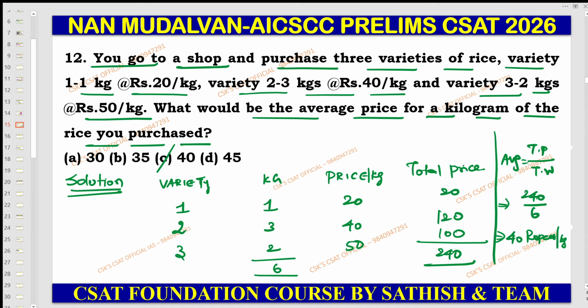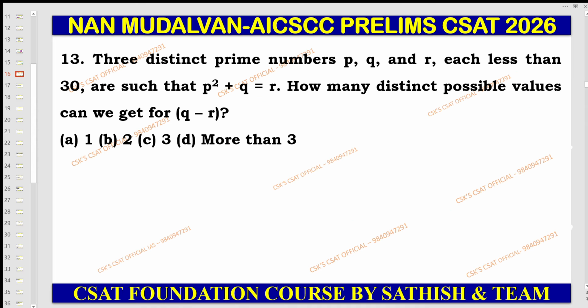Next. Shall we move on to the next question? We'll try to complete at least 15 questions today, right? 3 distinct prime numbers. Distinct means different. 3 distinct prime numbers P, Q, R, each less than 30.